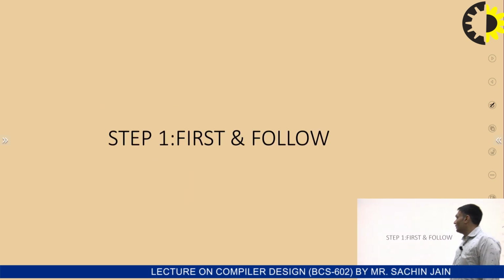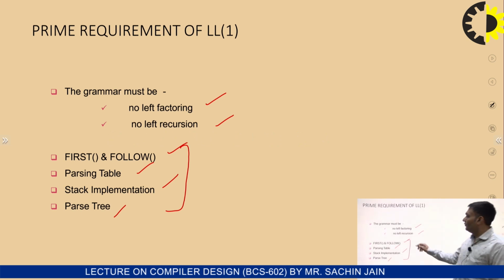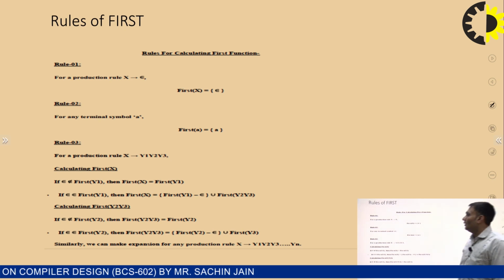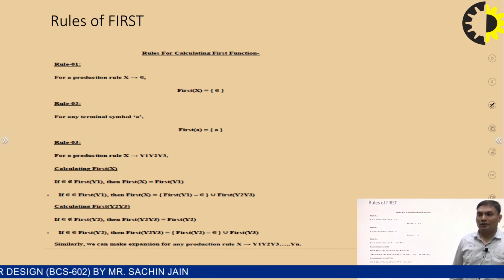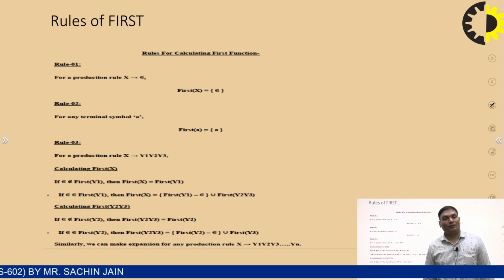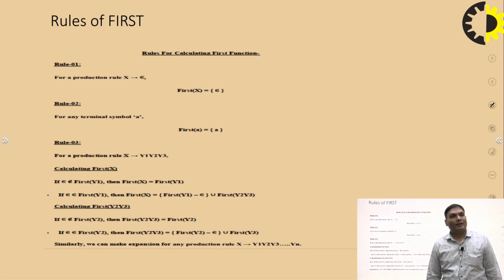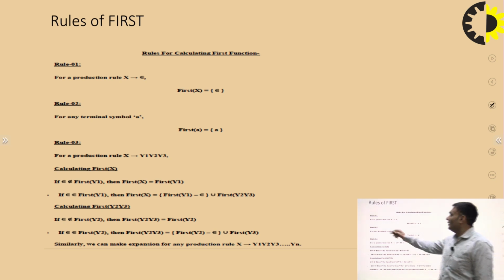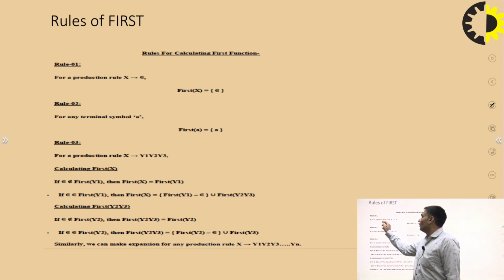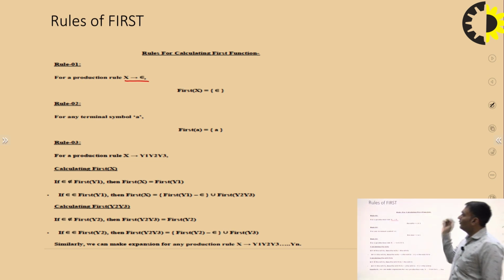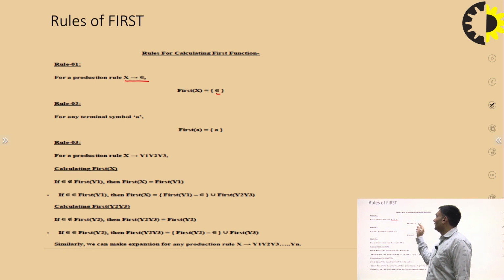So first step, as I told you, is to calculate first and follow. For example, if we want to calculate the first and follow of a given grammar, then there are certain rules that must be kept in mind when we are calculating the first and follow. So, rule number 1: for production rule X to epsilon, the first of this X will be epsilon.